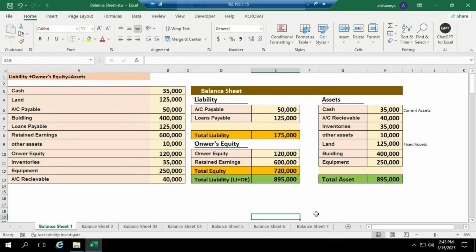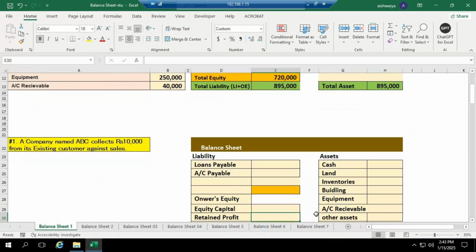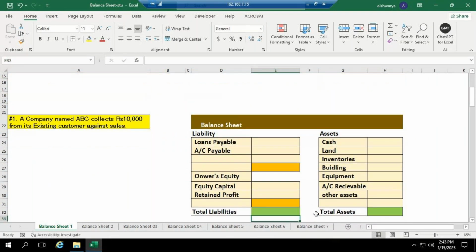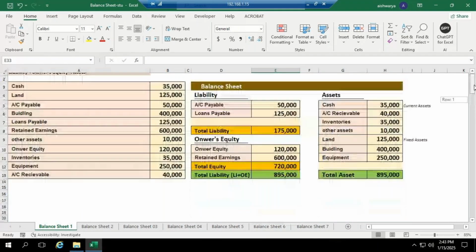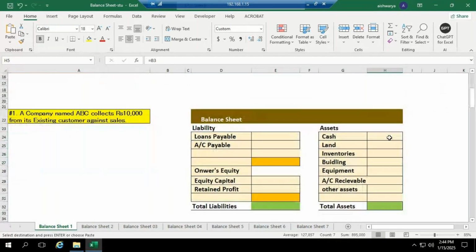Okay then. So next, if you just scroll down, the first case, the first adjustment, we will see here. What are all the things here? The cash, accounts receivable, everything is there itself. So you just copy this and paste it here. No, no, we can't do that actually.